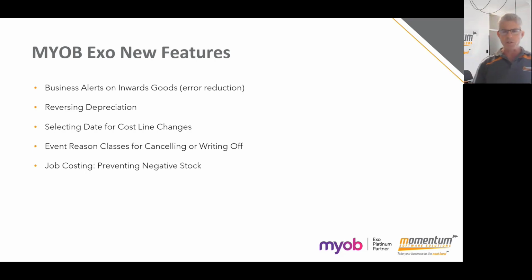I think that's a really important one, because we do have customers that contact us and have encountered those types of errors and not noticed until sometime later when they're reconciling their balance sheet, for example, and it can have quite a significant knock-on effect. So business alerts on inwards goods is actually a little thing, but a big thing, we think.